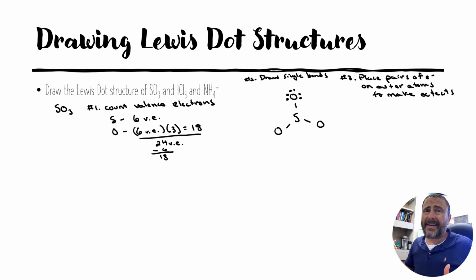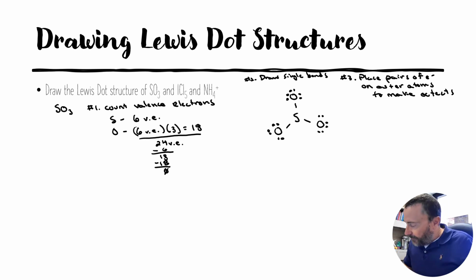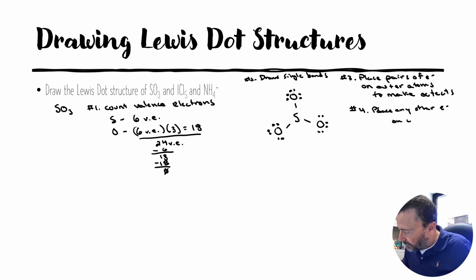So we're going to be putting in 6 dots around everybody. So there's 6, 7, 8, 9, 10, 11, 12 when I fill up that next oxygen, 13, 14, 15, 16, 17, 18. I put in 18 electrons. I don't have any more electrons to put in. Step number 4: place any other remaining electrons in the central atom. I don't have any more to put in, so I can't do that.